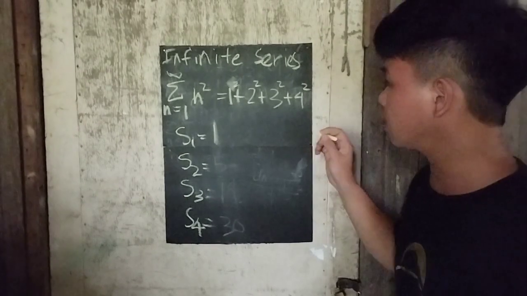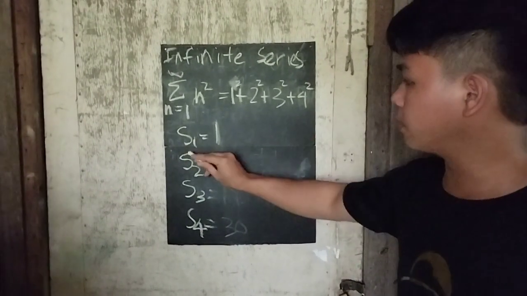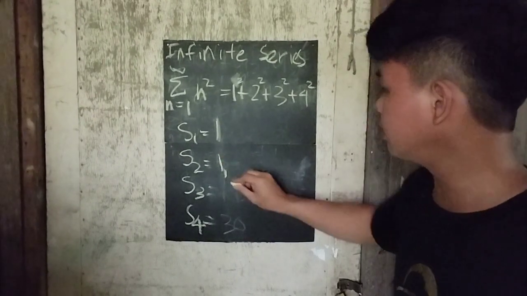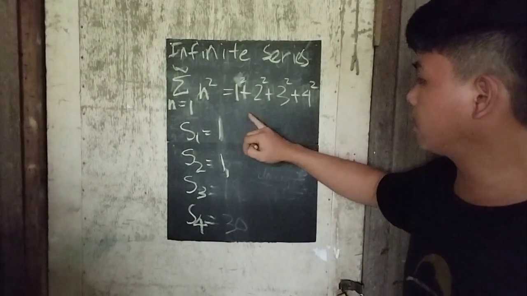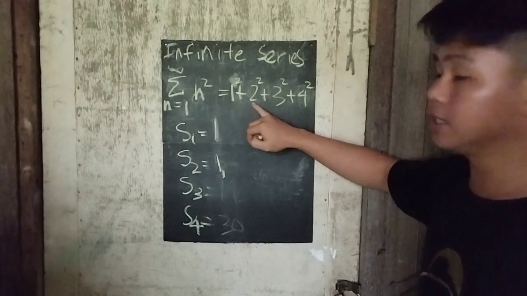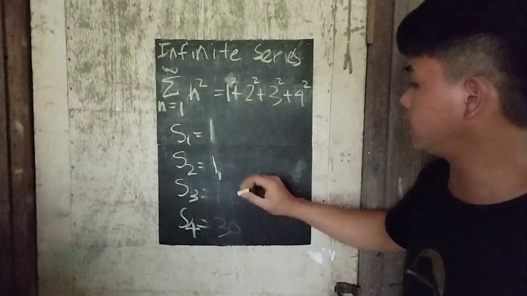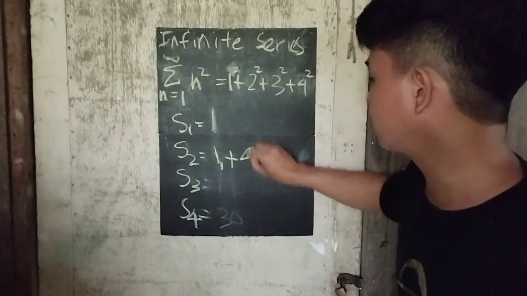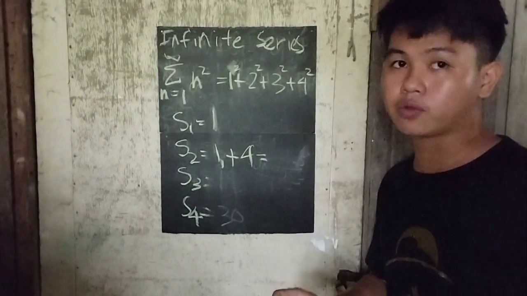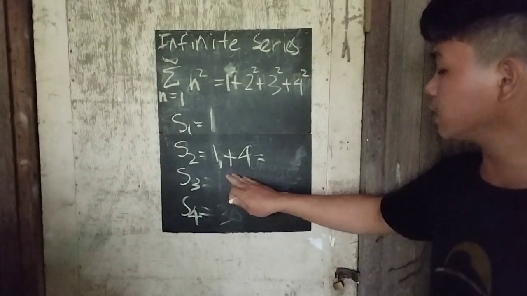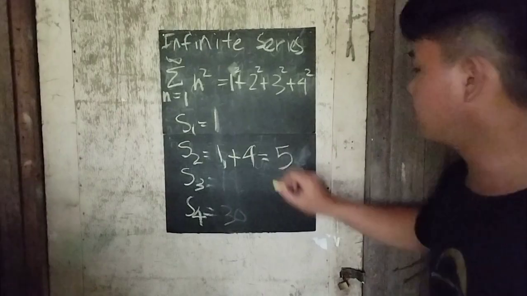First we copy what we have already done for the s sub 1. And we are going to get the square of the second term. So 2 raised to 2 is 4. To add the squares of the first two terms, 1 plus 4 is equal to 5.